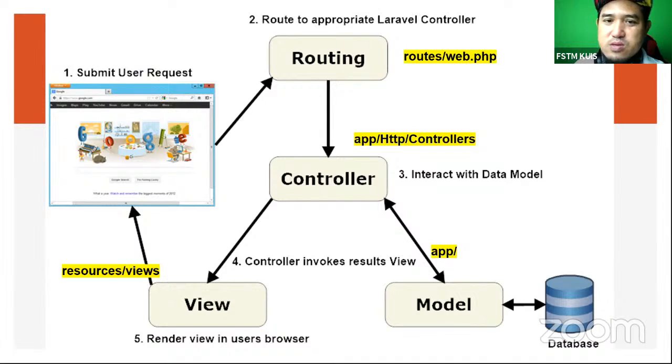Why? Because if you need to track what is happening in your search facilities, you just go to one file and everything is there. That is what we call the procedural programming paradigm. That is easy for beginners.